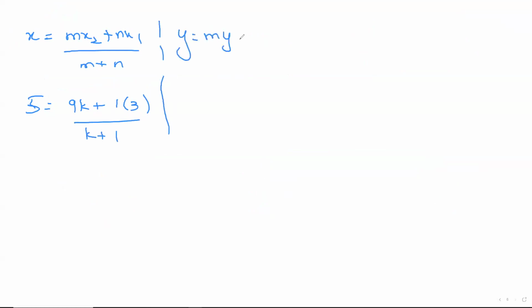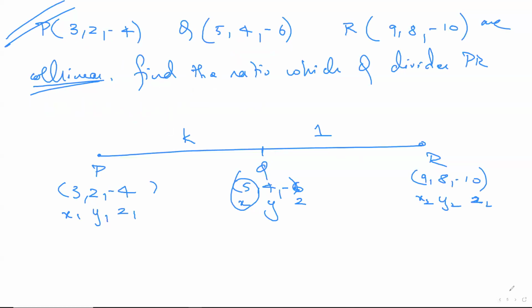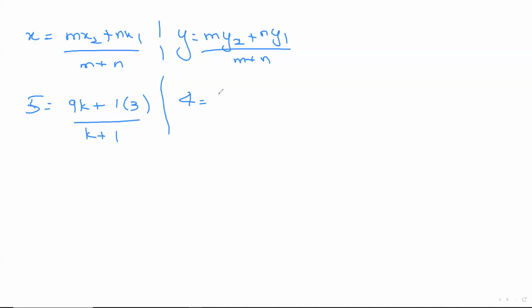Y is equal to My2 plus Ny1 divided by M plus N. Y's value is 4. M's value I know is K. Y2's value is 8, so 8K this time. So it becomes 8K plus, Y1's value is 2.